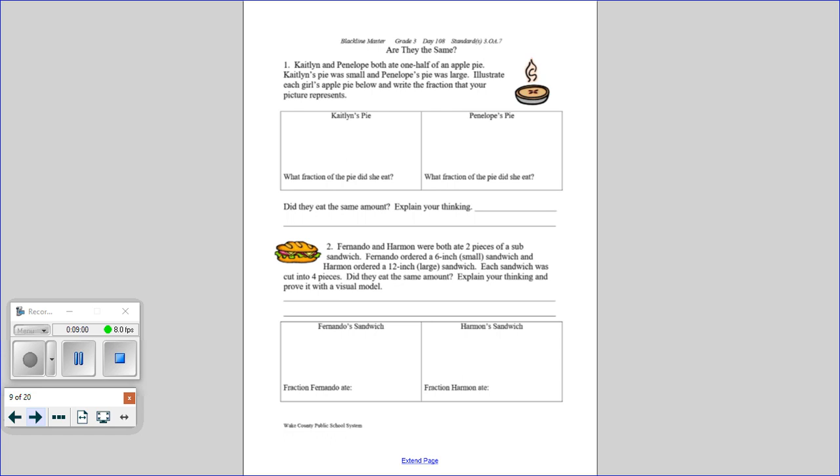Each sandwich was cut into 4 pieces. Did they eat the same amount? Explain your thinking and prove it with a visual model. So again, very similar to this idea of we have the same fractional piece. Each kid ate the same fraction amount, but does that mean they ate the actual same amount?